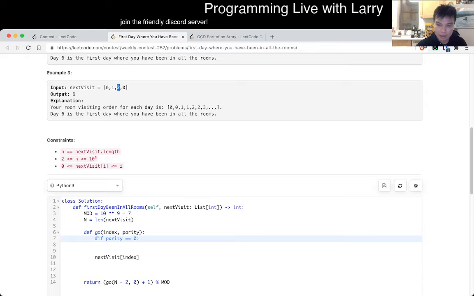Okay, so then now let's say we're here and we're at even. How do we get it to be even? Well, we get this to be even if the previous number is even as well.